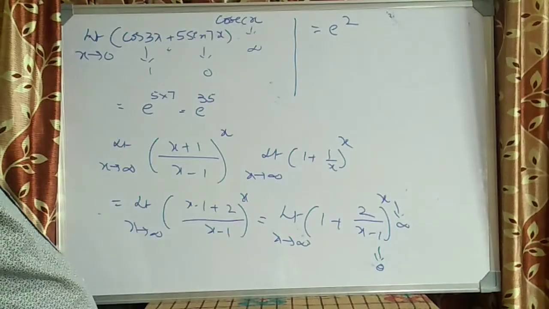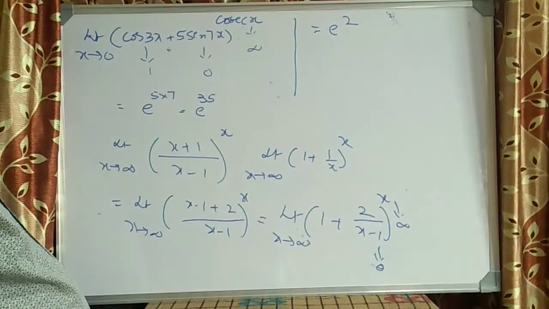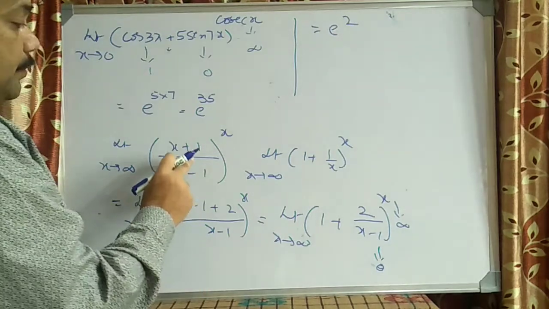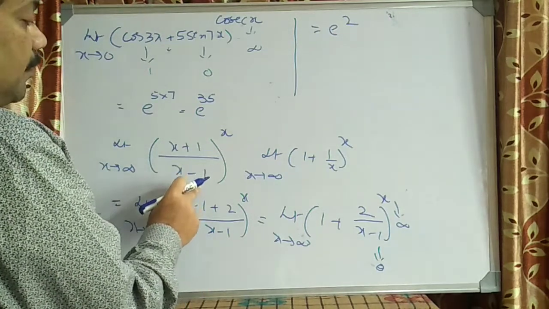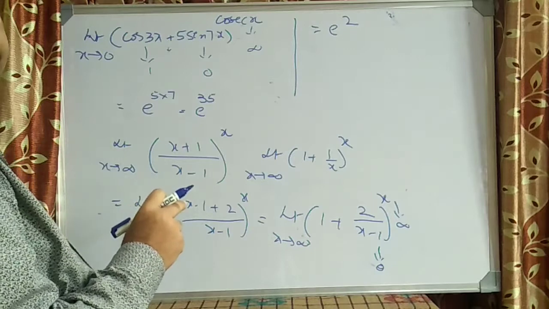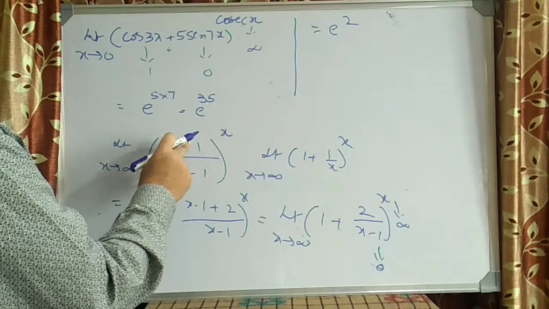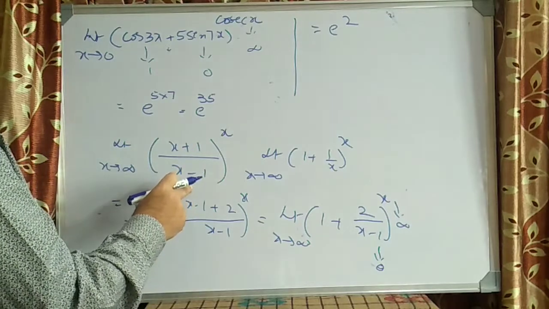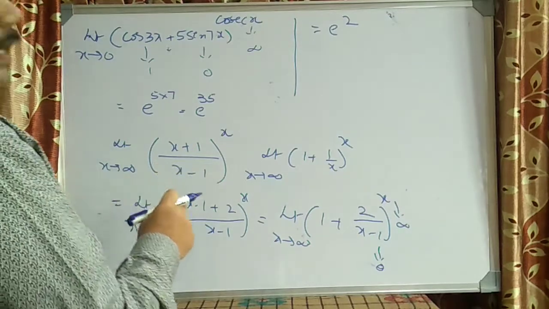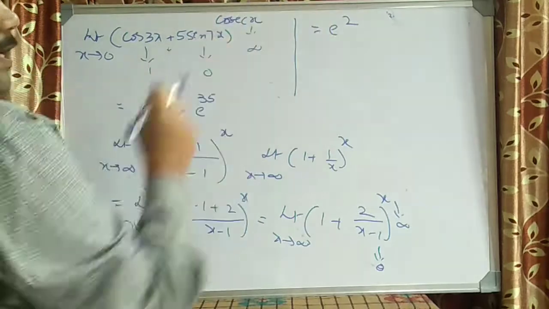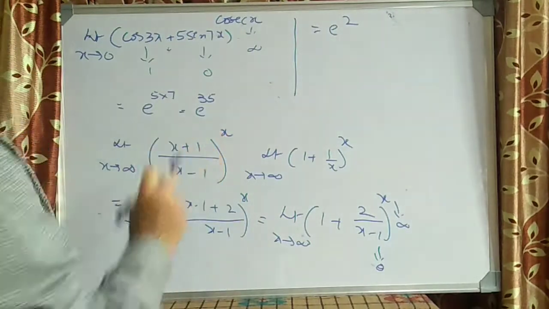But what I suggest is, whenever you get this type of problem, simply subtract the denominator from the numerator. See, what is x plus 1 minus (x minus 1)? I get 2. That is seen in the power of e, along with the coefficient of the power.